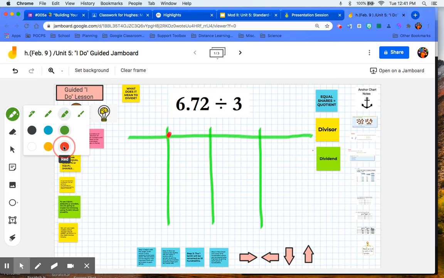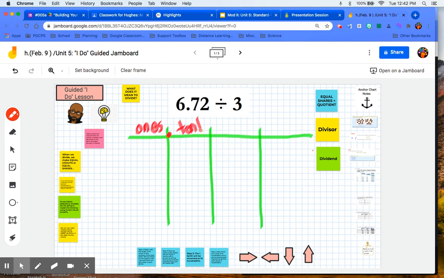And then I label them. Ones, tenths. And notice I said tenths, not tens, but tenths. Then I have hundredths. And I'm not going to spell that out, but I'll just say HTH for hundredths.